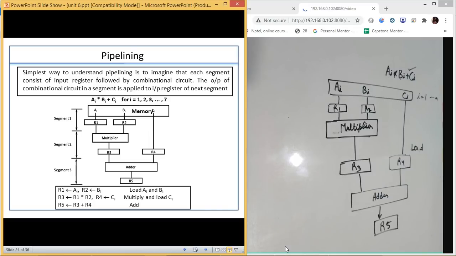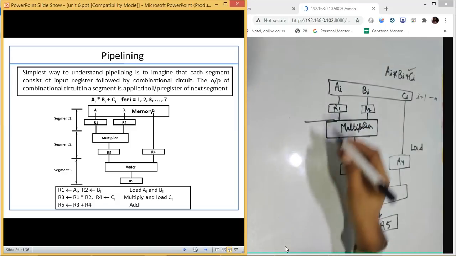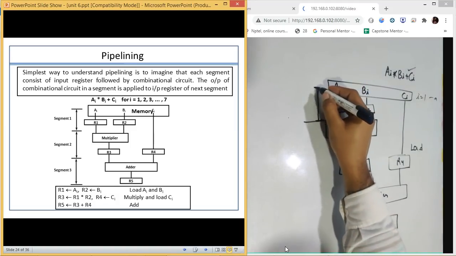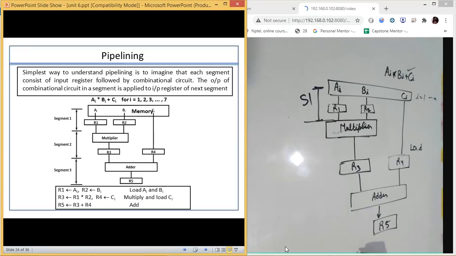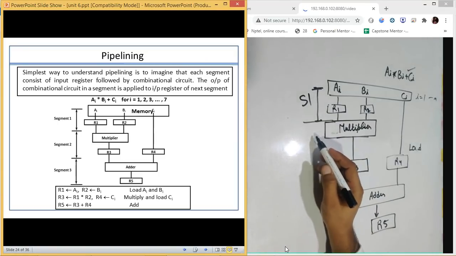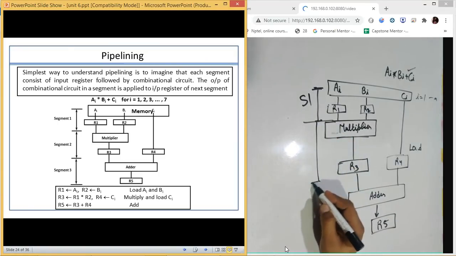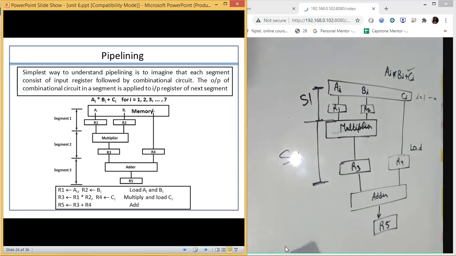Now imagine that this is not a single process. Now we have divided it into different stages. What does it mean? Up to this part, this is segment 1, like S1. Then from this place up to this, it is segment 2.